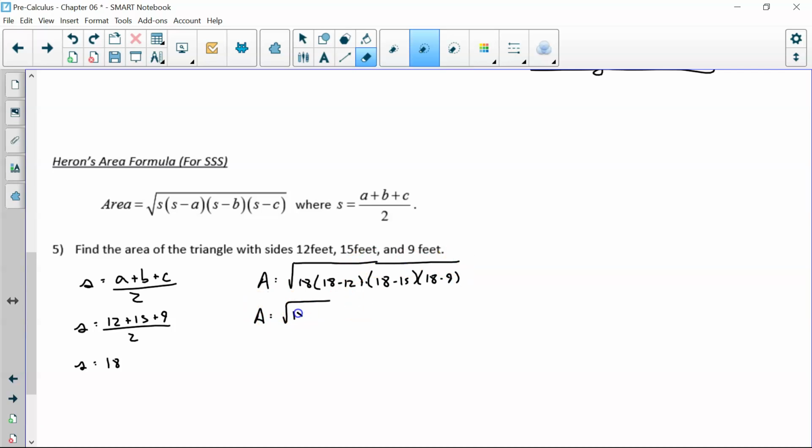The square root of 18 times 6 times 3 times 9. When you type those values in, you get 54 feet squared. And that's it. That's what you can use to find the area of any triangle knowing all three side lengths.